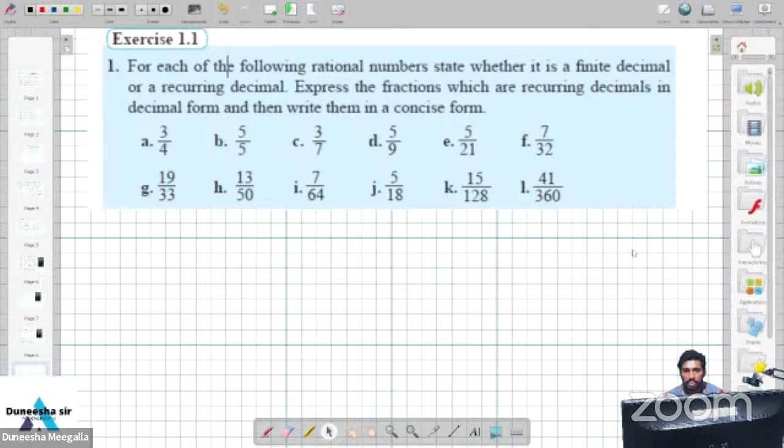Express the fractions which are recurring decimals in decimal form and then write them in dot form. The first one we get as an example: 3/4. What is it as a decimal? 0.75. Yes.